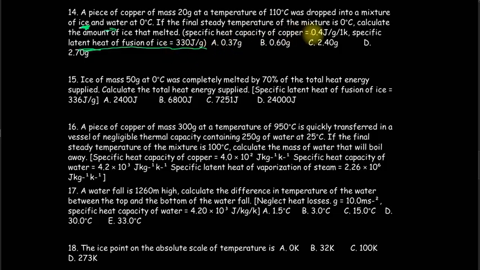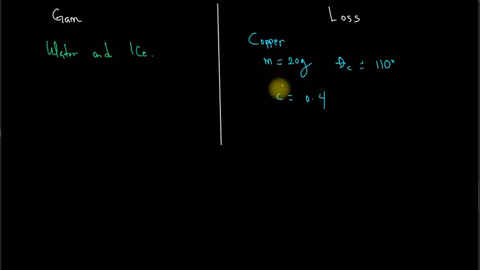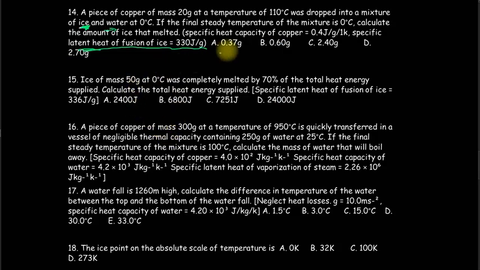They only give us the specific latent heat of fusion of ice. So latent heat of fusion of ice was given as what? 330 joule per gram.